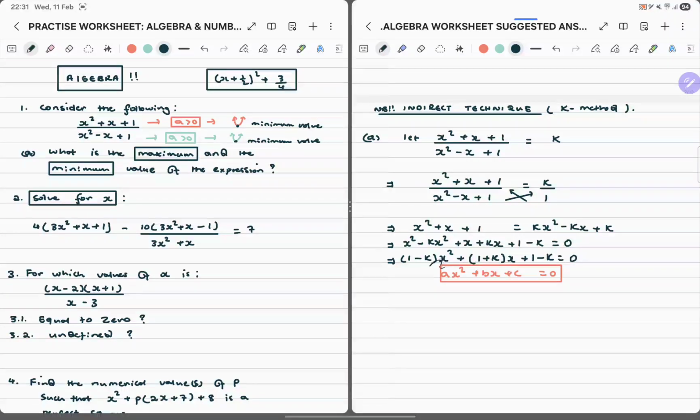If at all this thing is to be real, for us to solve it, it must exist. Now, if it has to exist, remember we equated the two. So what do we mean by existing? It must have real roots.